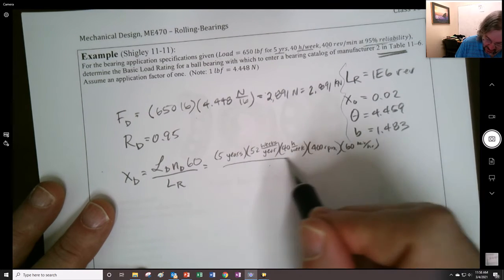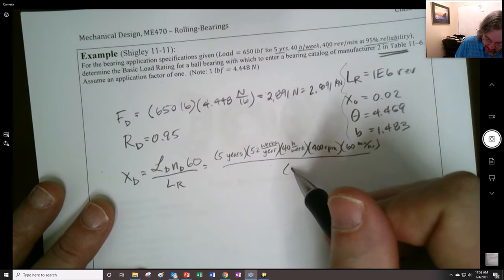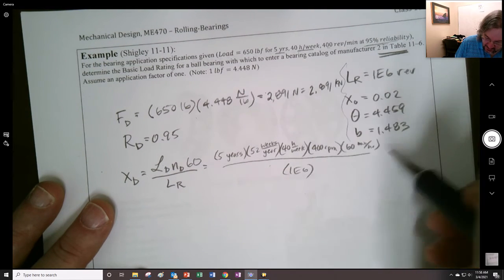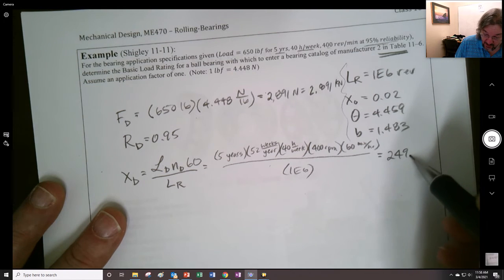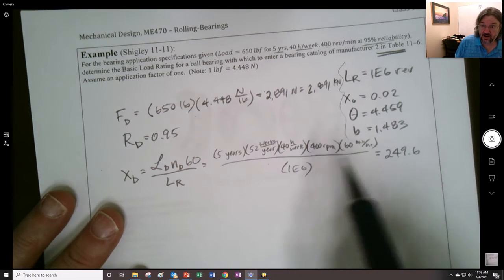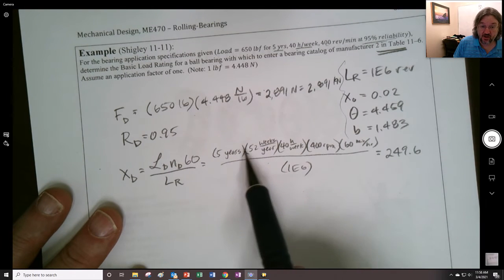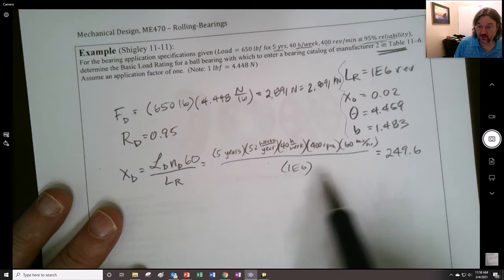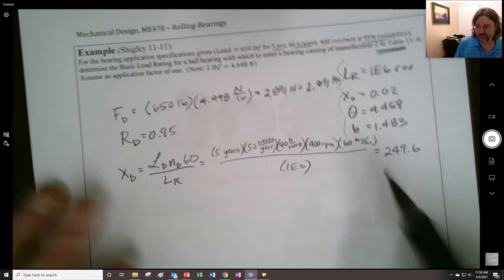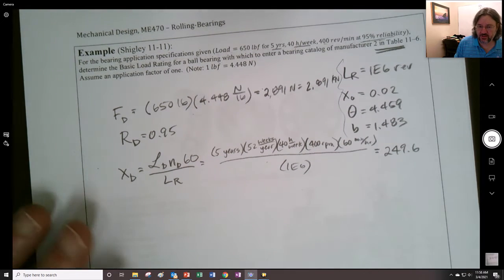That's what all that got right to there, and that's divided by 1E6. We find that we get 249.6 is our ratio of the amount of cycles we're going to need to a million, right? So this actually comes out to 250 million cycles we want this thing to live to.